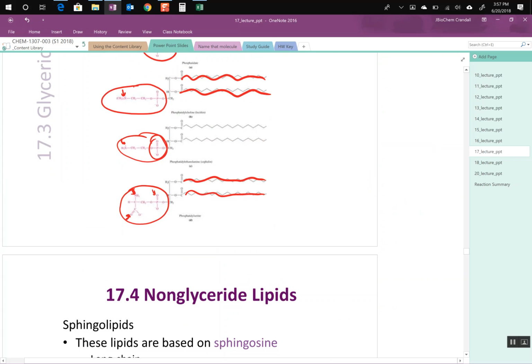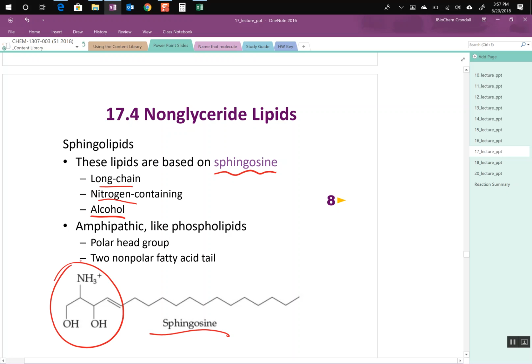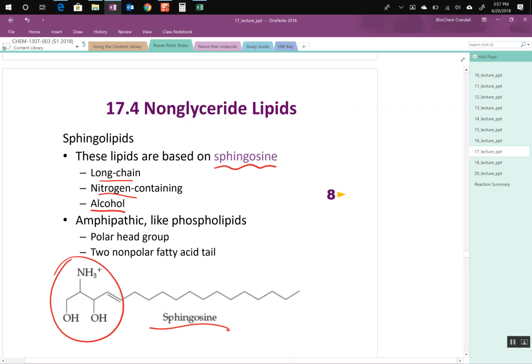Okay, so these phospholipids are glycerol lipids, meaning they're part of the glyceride alcohol substituent, okay? But then you also have some lipids which are non-glyceride lipids, like these sphingolipids. These are based off of sphingosine, which is a long-chain nitrogen-containing alcohol, which is also a lipid.